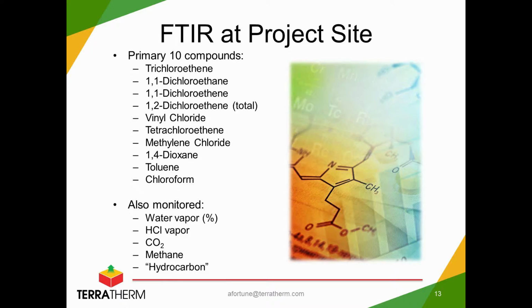So we were looking at any compound that had a carbon to hydrogen bond would respond in that hydrocarbon category and was summed up as just a general trend. It wasn't supposed to be super exact and quantitative, but more just for trends and seeing, are the concentrations going up? Are they going down? Is something breaking through? Is it not? So those are the items we were monitoring.